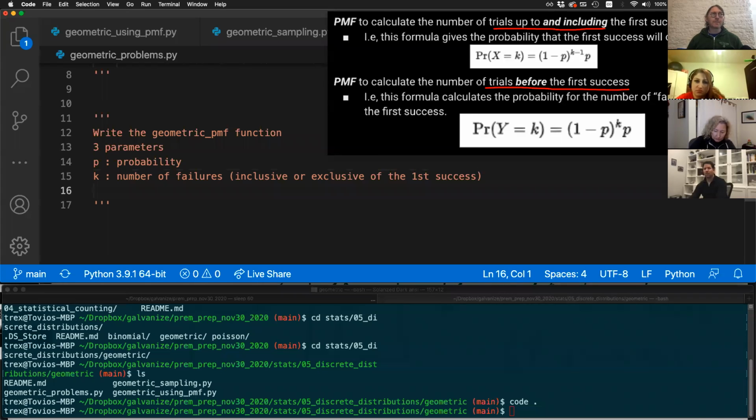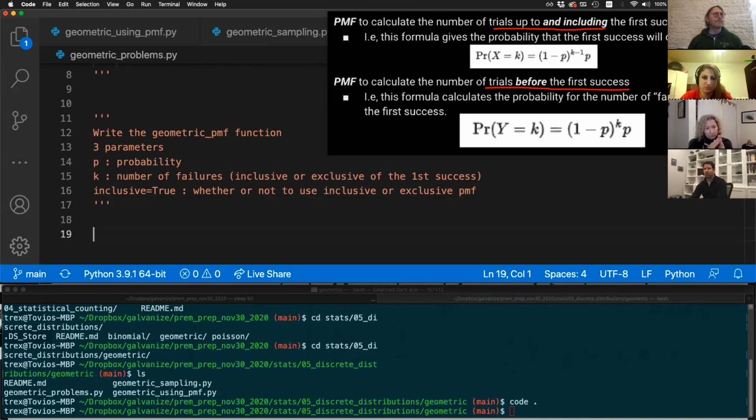And this is going to be inclusive or exclusive of the first success, so we need some other parameter that tells us if we're using inclusive or exclusive. Let's say that we have inclusive, and let's default that to true. We'll assume we're going to use inclusive, although we'll write these functions to use either. So this is just whether or not to use the inclusive or exclusive PMF.